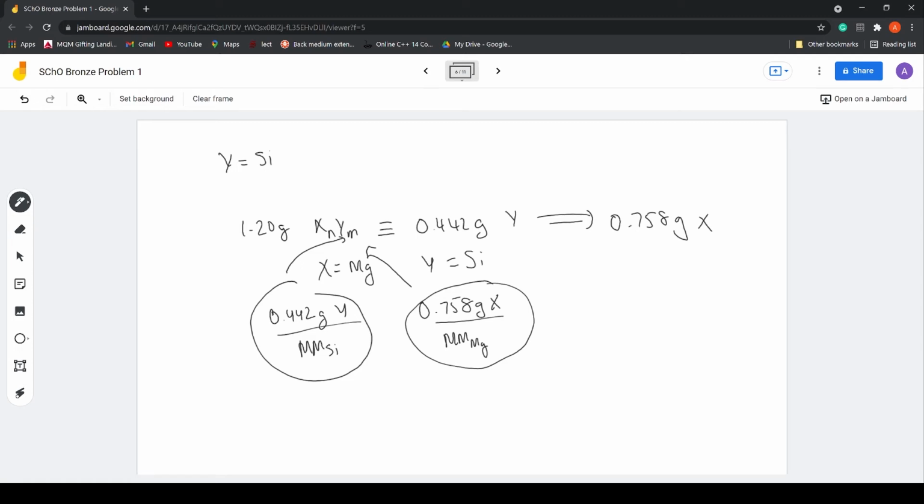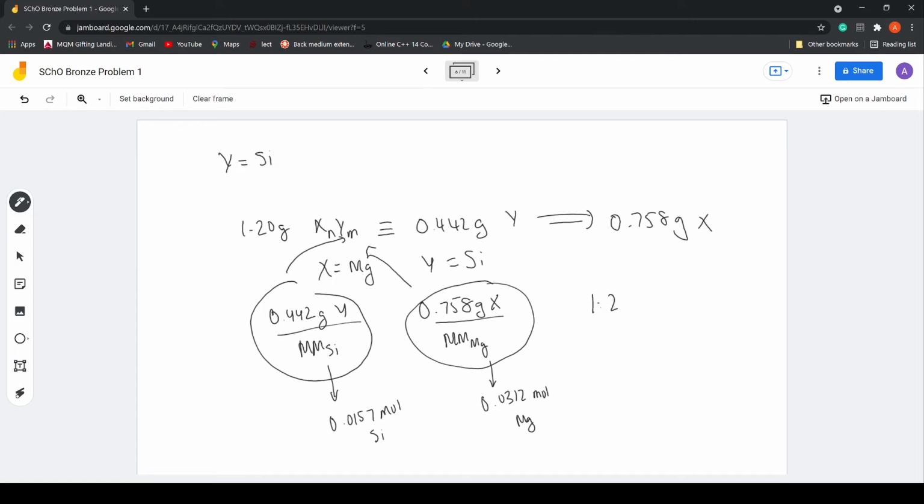Basically, we can see that this implies 0.0157 moles of silicon and 0.0312 moles of magnesium. And in the end, we can see that there's a 1-to-2 ratio.